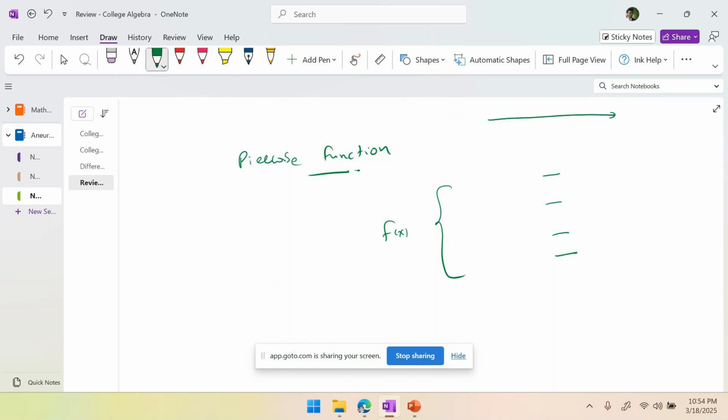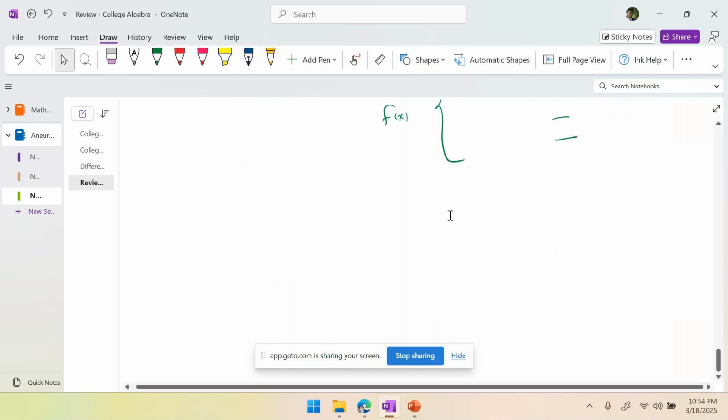So let's say we have the number line and we partition it into separate segments. That's why it's called a piecewise function. On each of these segments we define a separate formula, and then we draw the graph according to the formula given for that particular section.